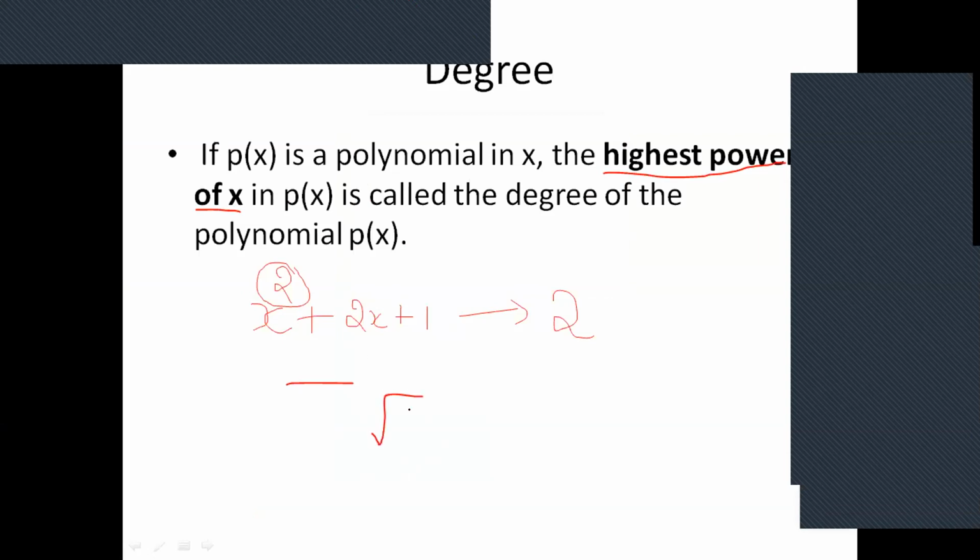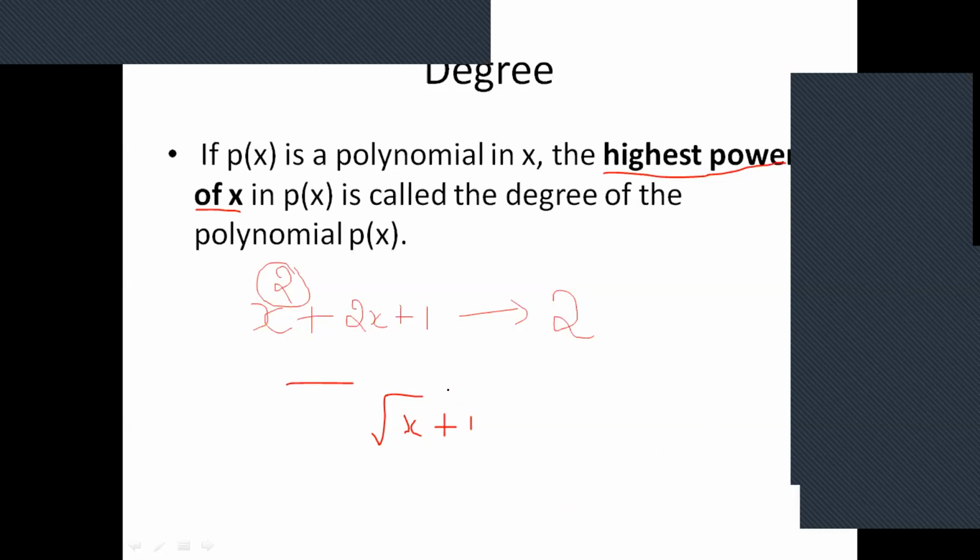Suppose I give you root x plus 1. Is it a polynomial? Anybody can answer me? No, it is not. Anybody can tell me why it is not a polynomial? Yes, most of you have answered. Yes, the degree is 0.5. The correct reason is, we have a rule for the degree. We expect the degree to be a non-negative number.